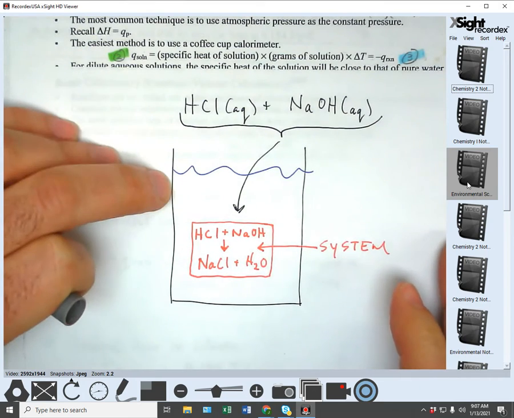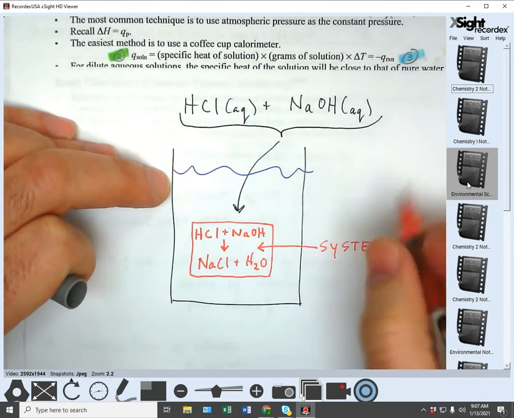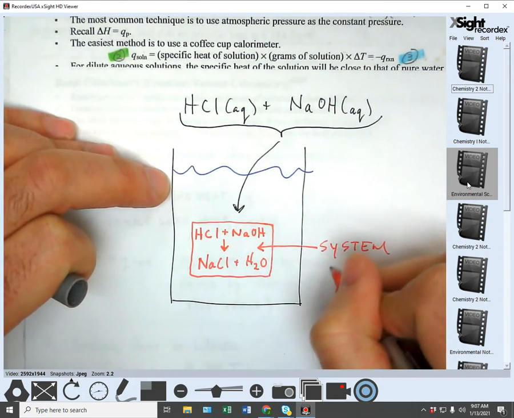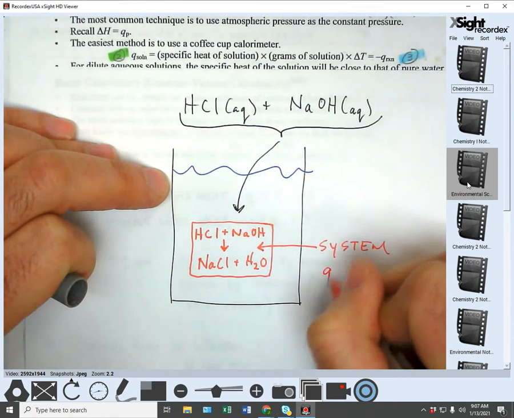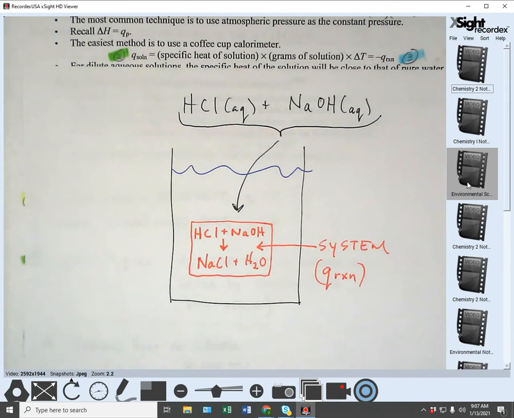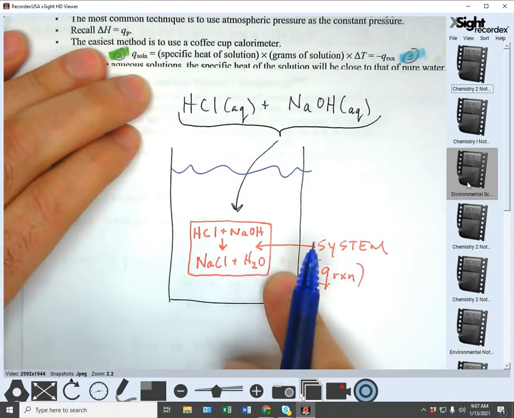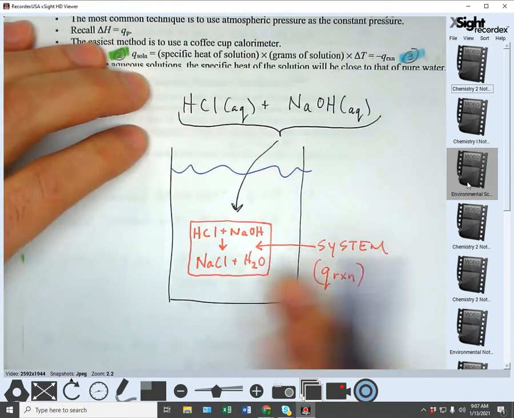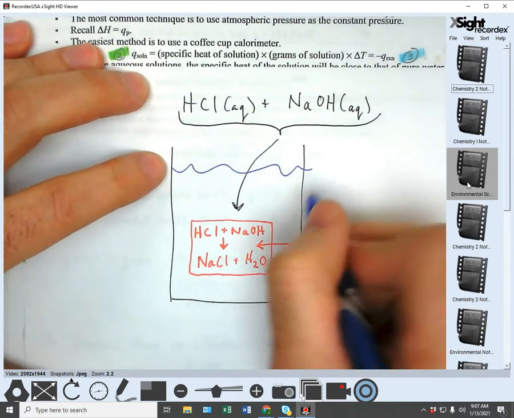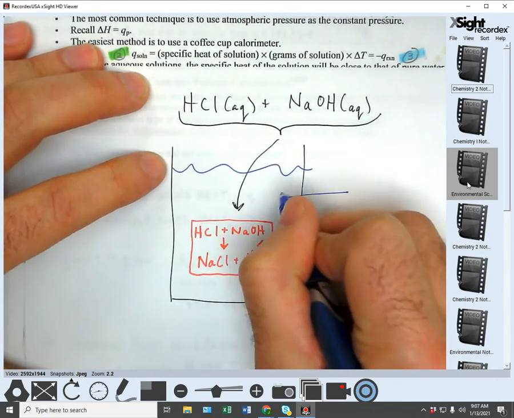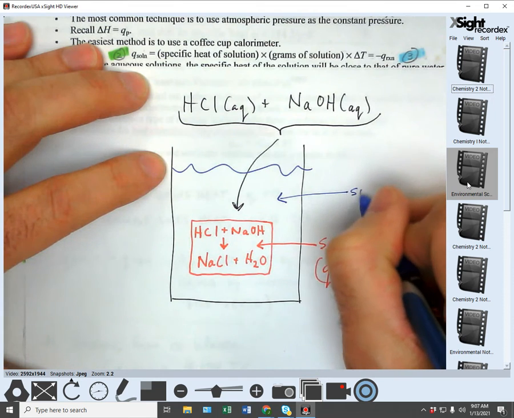And the heat of that would be the Q of the reaction. Now, the surrounding, the water, the solvent, is actually the surroundings.